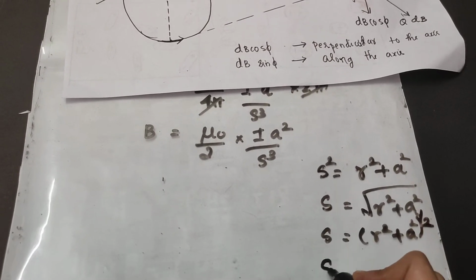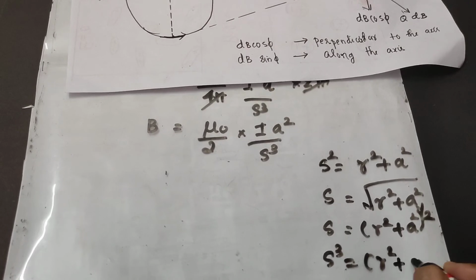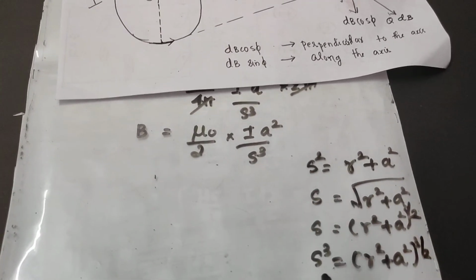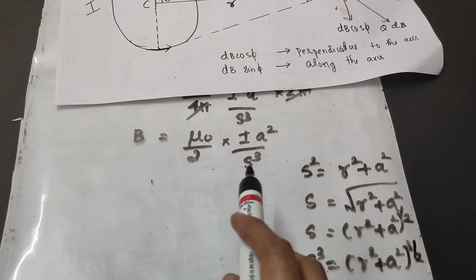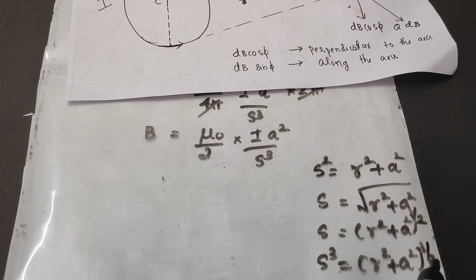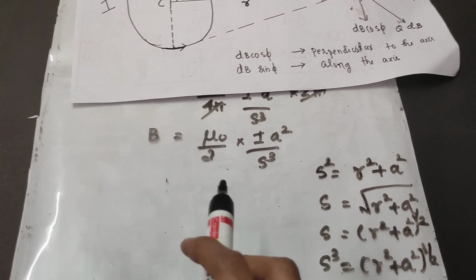Or what is s³? s³ is equal to (R² + a²)^(3/2). So instead of s³ we can write (R² + a²)^(3/2).